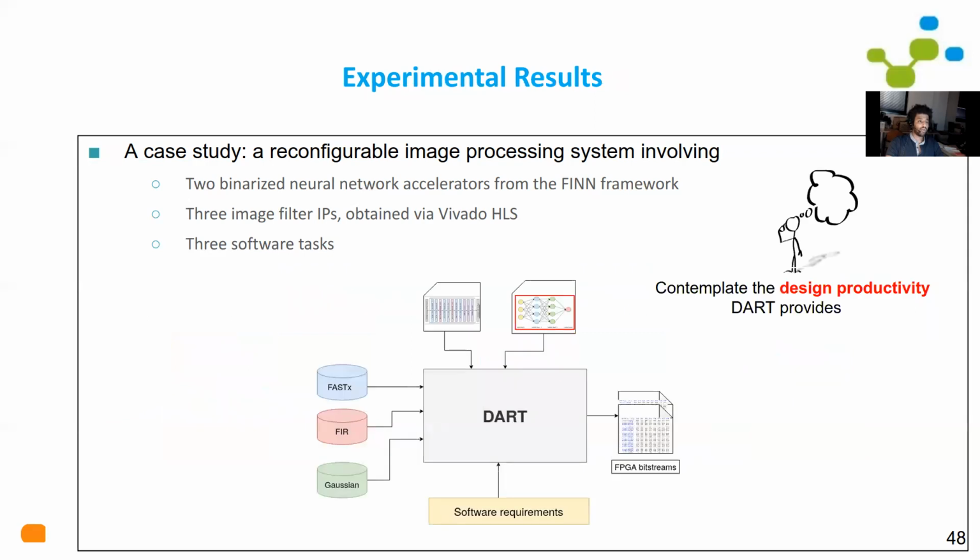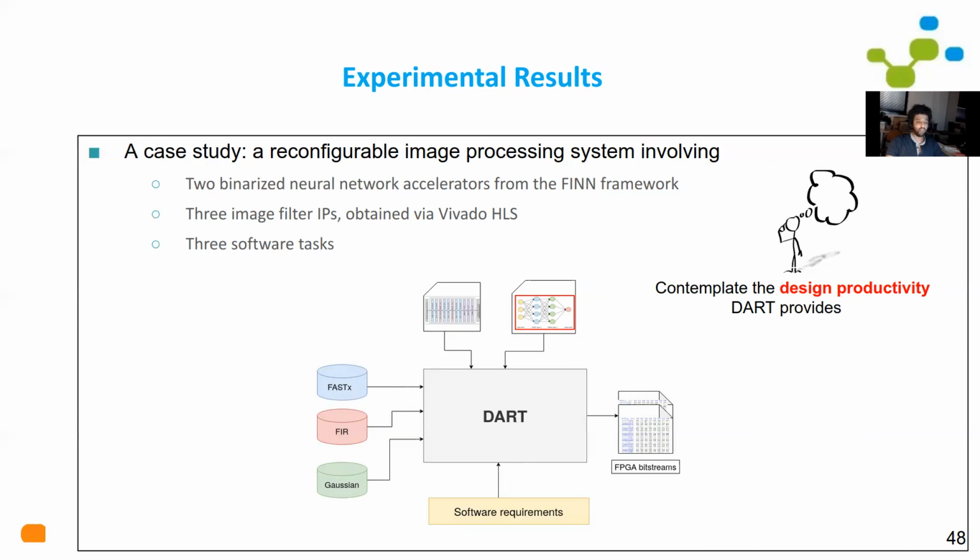Okay, before we go into the experimental results, let's just stop and realize how the case study was able to improve design productivity. In this case study, imagine a designer who has no expertise in FPGAs or DPR. They brought in source files of the filter IPs, also the source files for the neural network implementation.